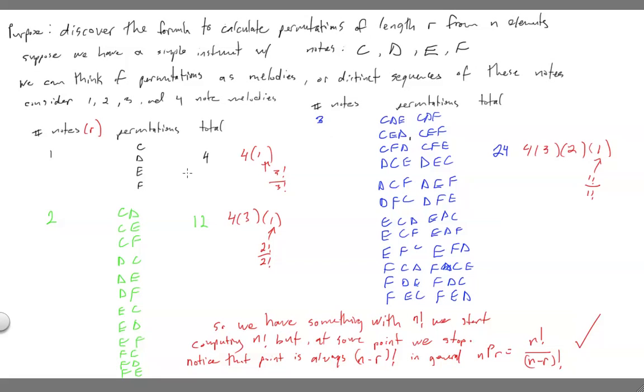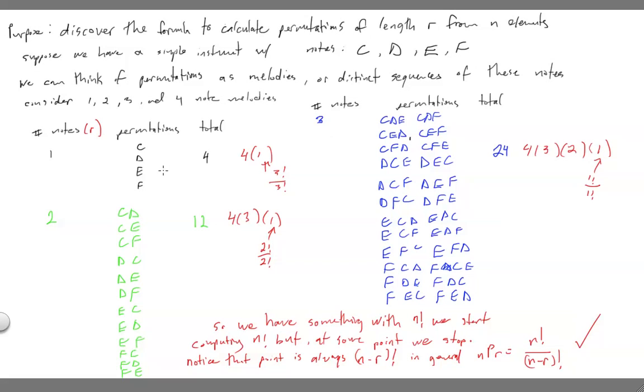And actually, let me just interject that in the next video, I'm going to be contrasting these permutations, which are like melodies, to combinations, which are like chords. The difference being that in permutations, the order of the notes matters, and it defines the permutation.